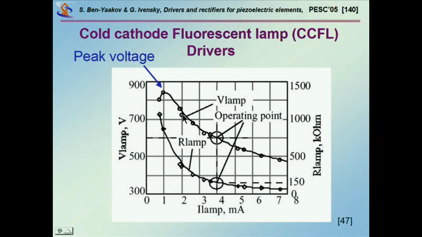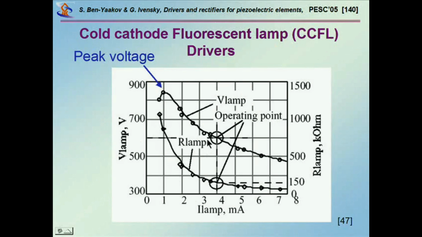Now, these are, however, RMS voltages and currents, steady state. In order to get to the operating point, you first of all have to overcome this maximum, which is actually the ignition voltage. So your piezoelectric element, if you are using one, has to generate, say in this case, 850 volts at least, and 1 milliamp, in order to cross this peak, this mountain, and get to the operating point.